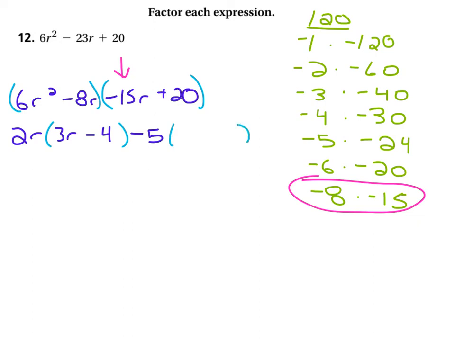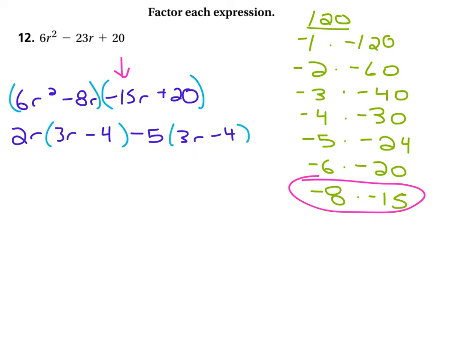And then what's left? Well, if we divide negative 15r by negative 5, we get 3r. And if we divide positive 20 by negative 5, we get negative 4. And then as we said, you can see that we've got 3r minus 4 inside both of those.